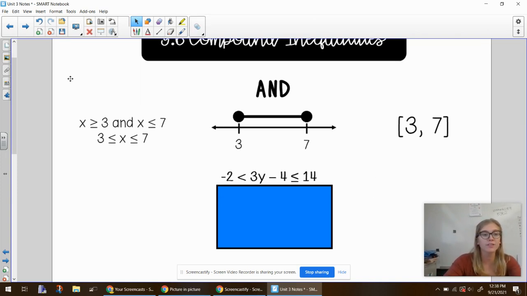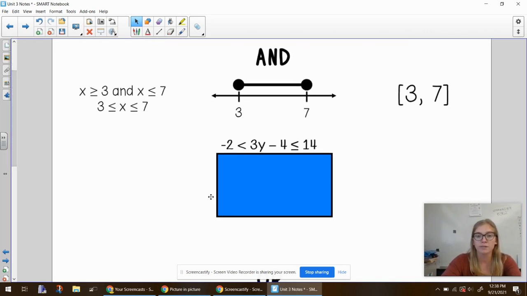Sometimes we're going to have to solve an and inequality when it's in this weird between form, when it looks like this. So here we have 3y minus 4 is greater than negative 2 and less than or equal to 14. We're going to solve this the way we solve regular equations, except instead of applying things to one side of the equal sign, we're going to apply everything to all parts of the inequality.